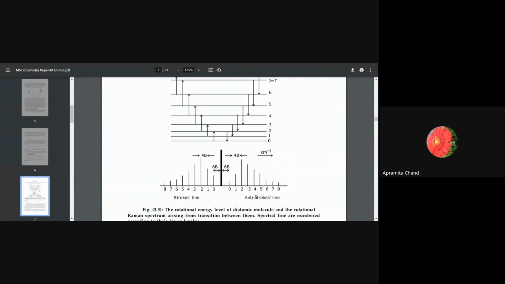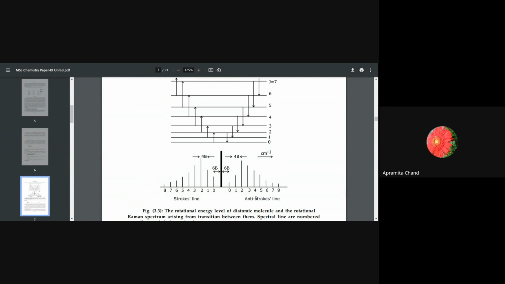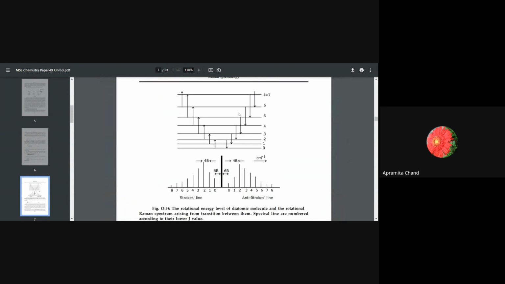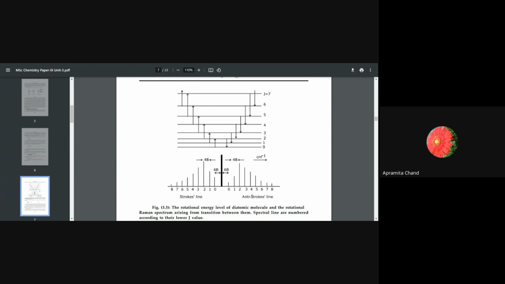Usually when we explain Raman spectra, we give this diagram. The middle value is the exciting line, and Stokes and anti-Stokes lines are given by different transitions and they are spaced equally. The first Stokes line and the first anti-Stokes line will be at a distance of 6B each from the exciting line.